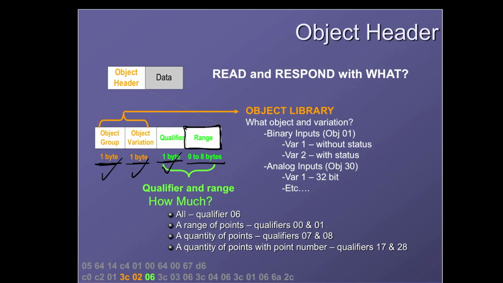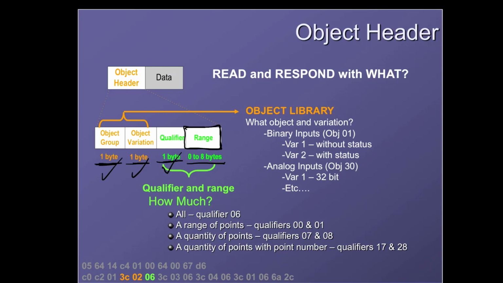And this is where things get somewhat complicated. But probably the easiest way to relate to why this is what it is: remember in DNP, we don't just have to ask for points that start at an address and end at another address, like Modbus with its start address and number of points. You could ask for a list of points. You could ask for a range of points. You could ask for points starting at one address and ending at another address. There's multiple different ways you can ask for data.